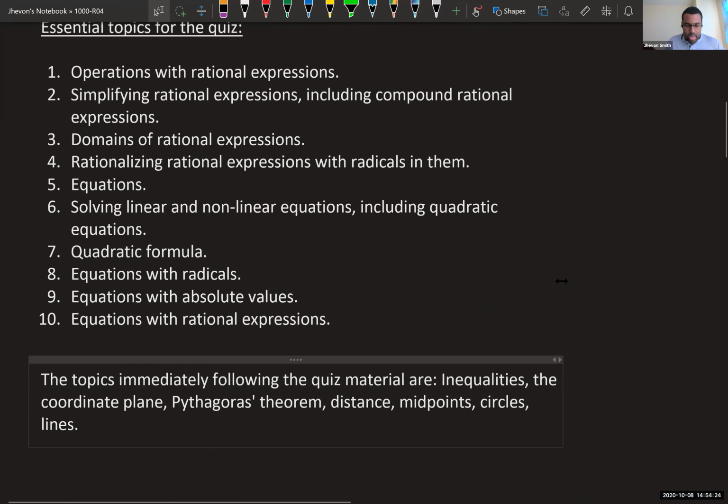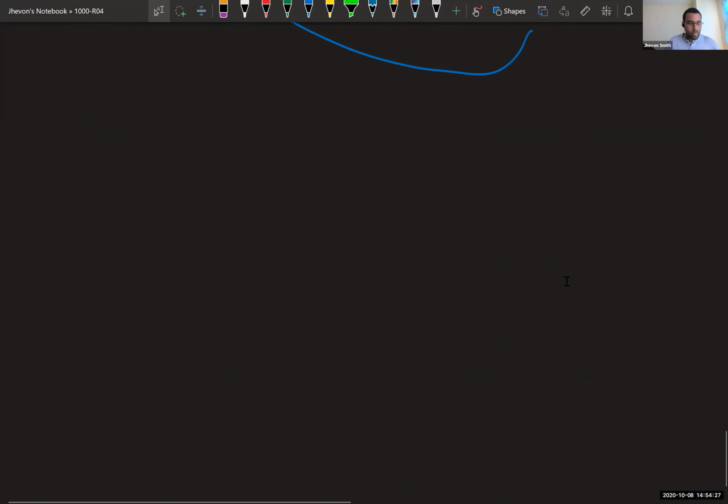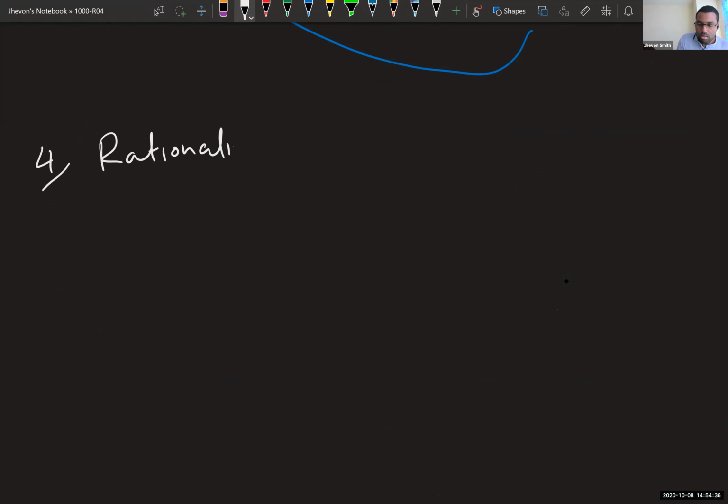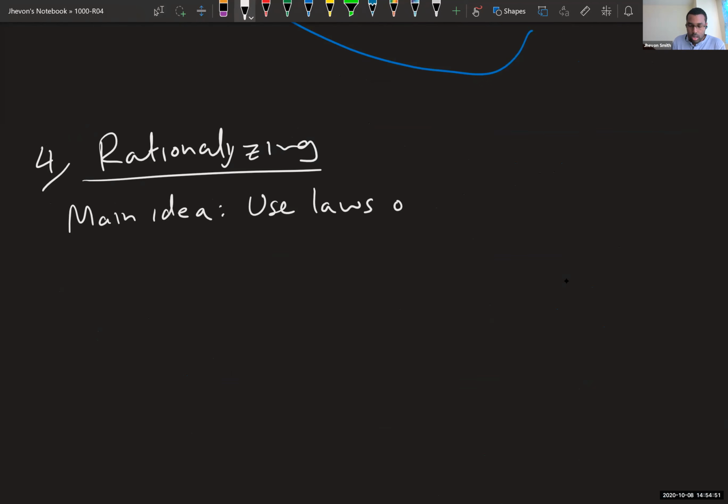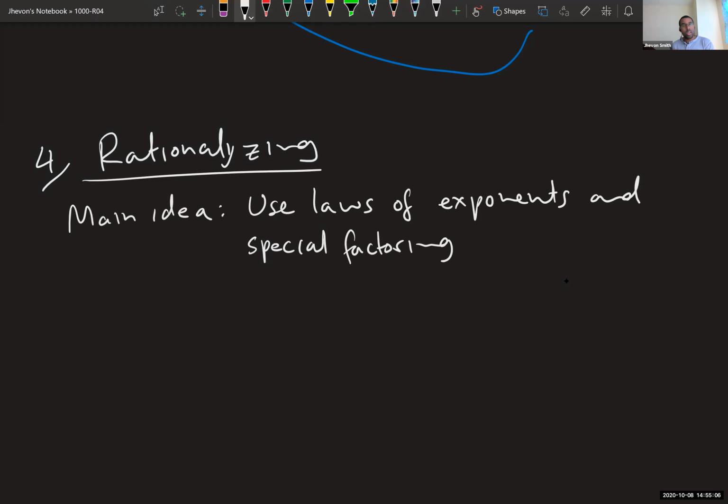4, rationalizing expressions with radicals in them. The main idea here, it's kind of difficult to explain, is to use laws of exponents and special factoring formulas, like difference of squares, difference of cubes, sum of cubes.